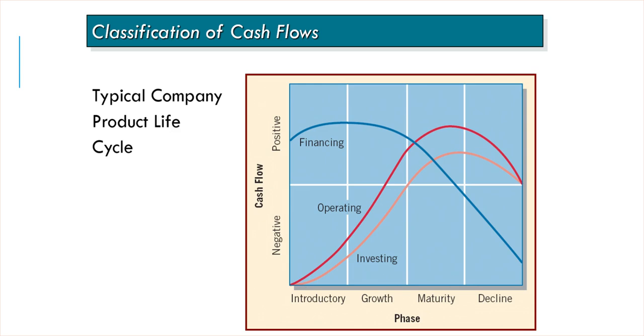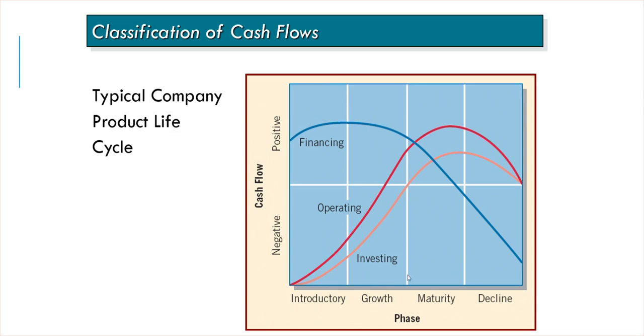As a company matures, you see that the cash generated from operations was negative, but now it becomes positive, and this is what we'd like to see. Growing, growing, growing until the company matures. And as they're getting the cash and growing, they are investing.